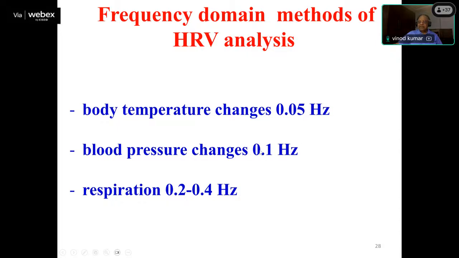Blood pressure changes have frequency in the range of 0.1 hertz. Body temperature changes are 0.05 hertz. So the slowest is body temperature change. Blood pressure changes slightly faster than body temperature. Respiratory changes are very fast as compared to blood pressure.